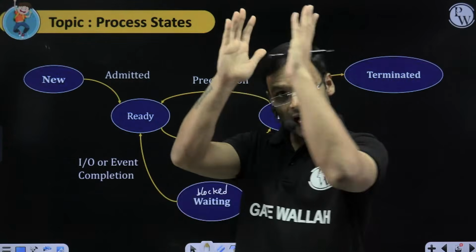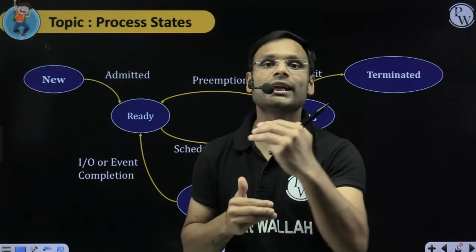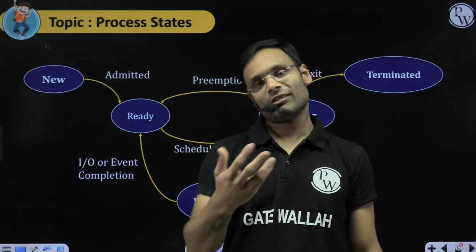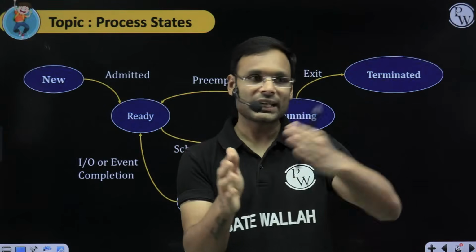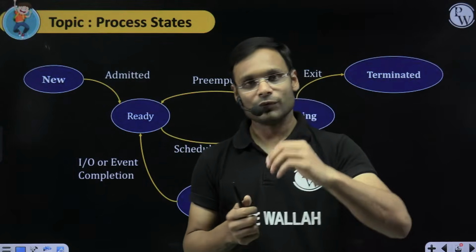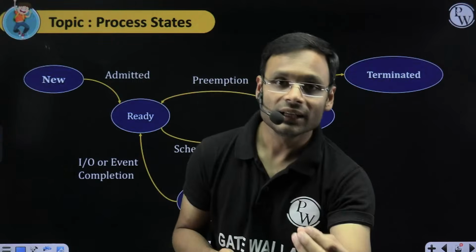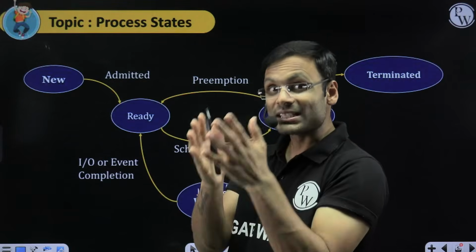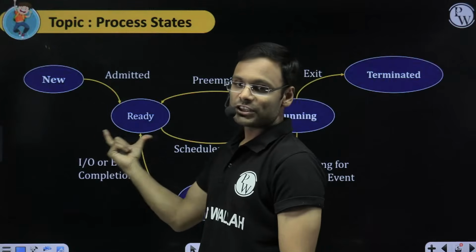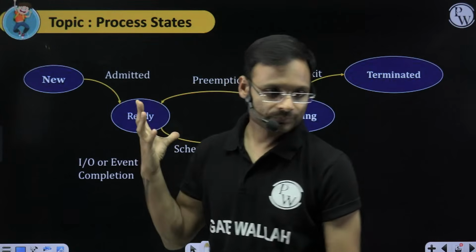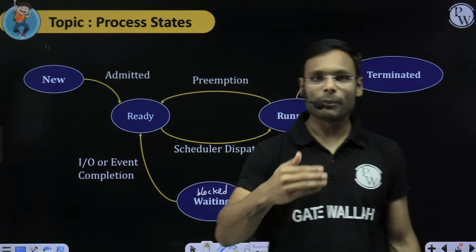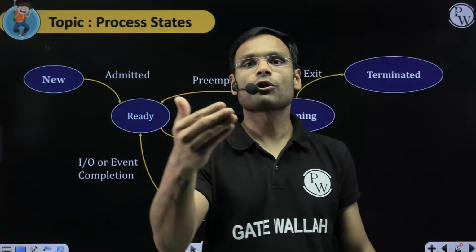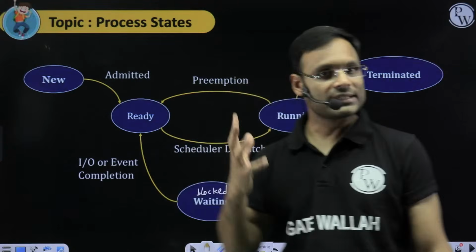The processes are in main memory. You wanted to execute them, but of course every process cannot run together. One process at a time the CPU runs. So whichever process the CPU is not running, and that process is waiting for the CPU, will be in which state? The ready state. Got it?